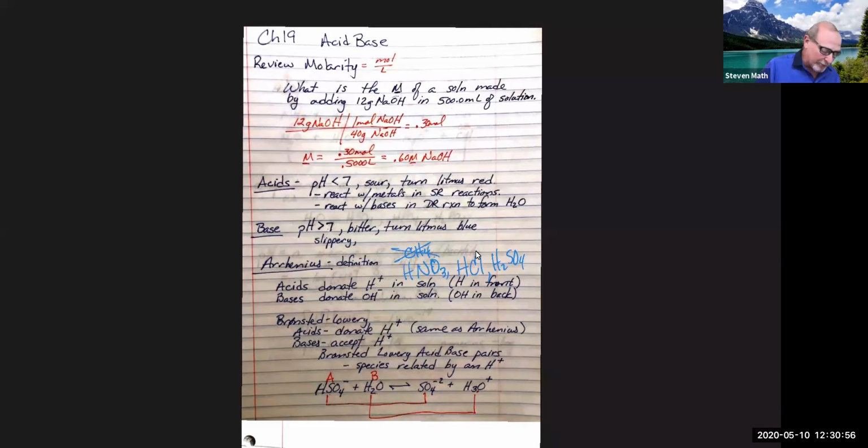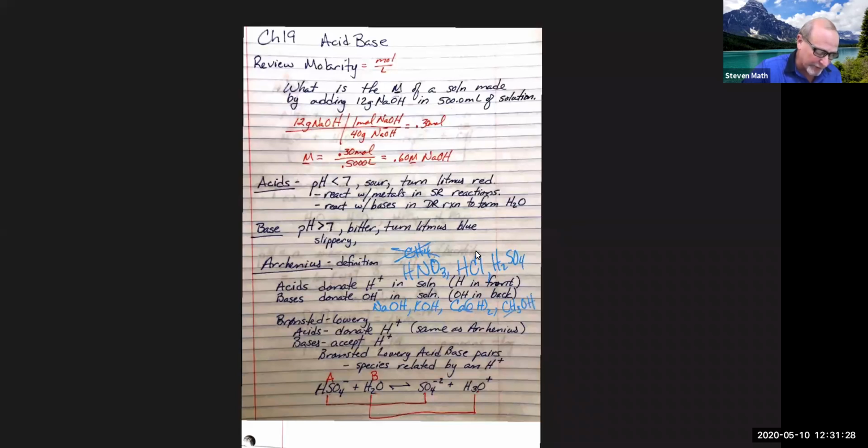Bases, on the other hand, the opposite of H is OH. And that OH is going to be in the back. So these are going to be things like NaOH, KOH, Ca(OH)2. It doesn't matter how many there are. The only time this doesn't come into play is if we have a very carbon-based compound, a molecular compound, something like CH3OH.